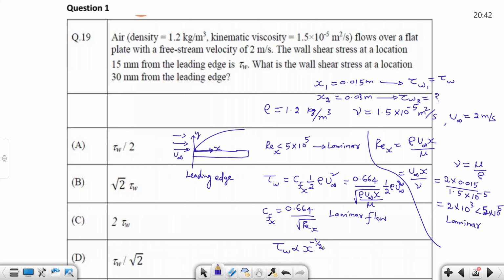So now if you take W2 by W1, it is square root of x1 by x2. X1 is 0.015, x2 is 0.03.